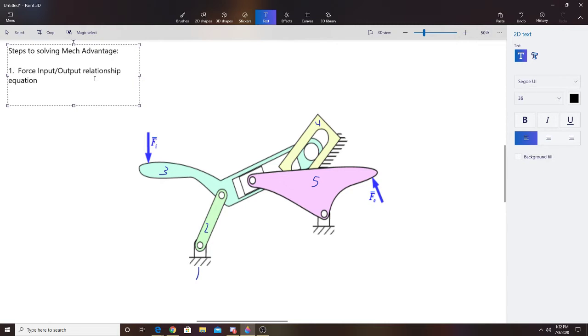I would suggest we write F input, Fi, times D1I, times omega I. You guys remember this, what we were talking about a second ago?